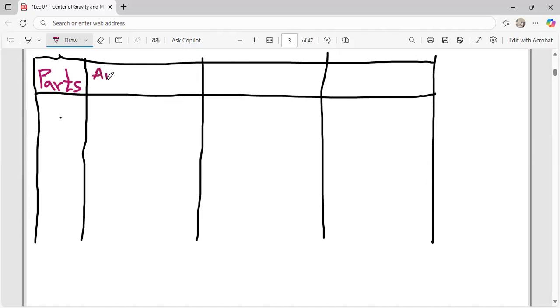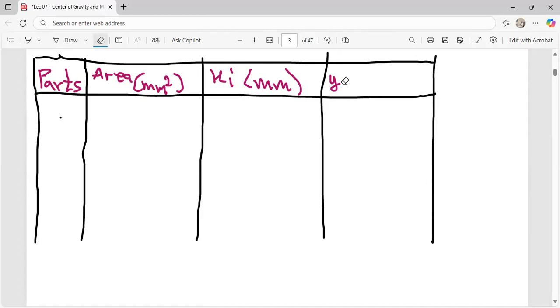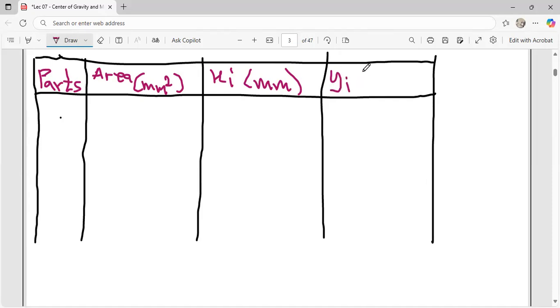This is where we calculate the area, and the area is measured in what? Millimeters squared. From there, we denote our x bar, measured in mm. Also, our y bar, also measured in mm.